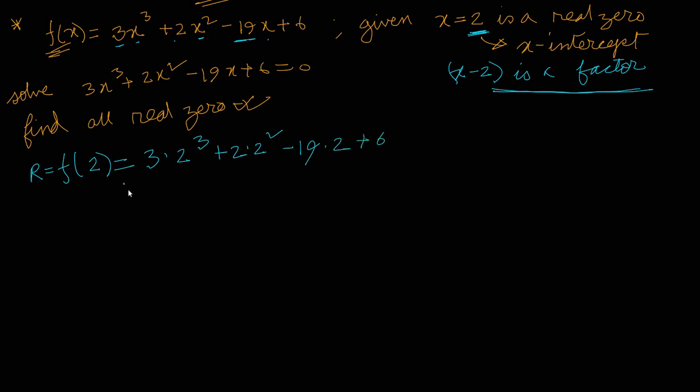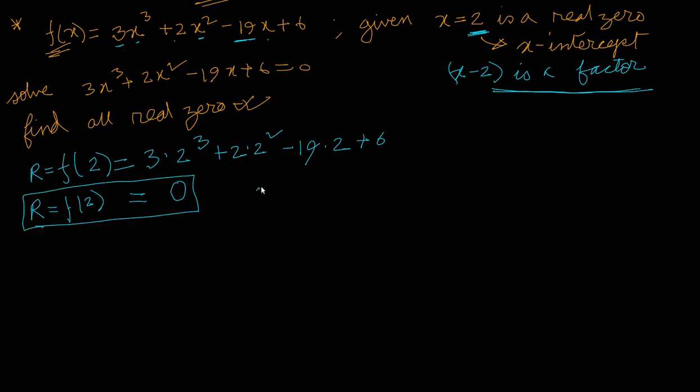If you work it all out on the calculator, you are going to find that the remainder is 0. So what I found is remainder equals f(2) equals 0. So if the remainder is 0, what can I say?